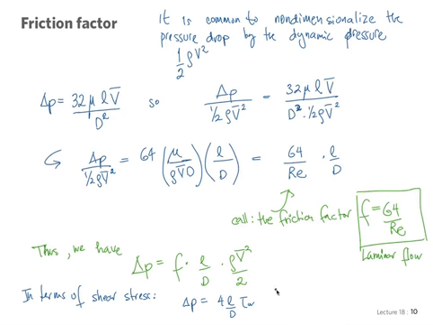And so we can write F by combining these two as 8 times wall shear stress divided by rho v squared, the average. And so this shows the friction factor as a non-dimensional wall shear stress. You see the relationship there between them. That's why we call it the friction factor. It's like a non-dimensional wall shear stress.